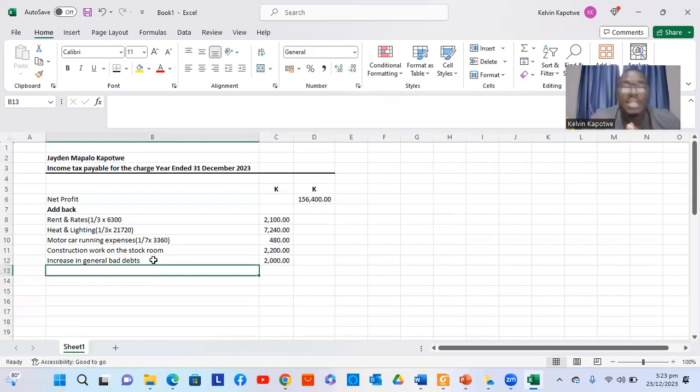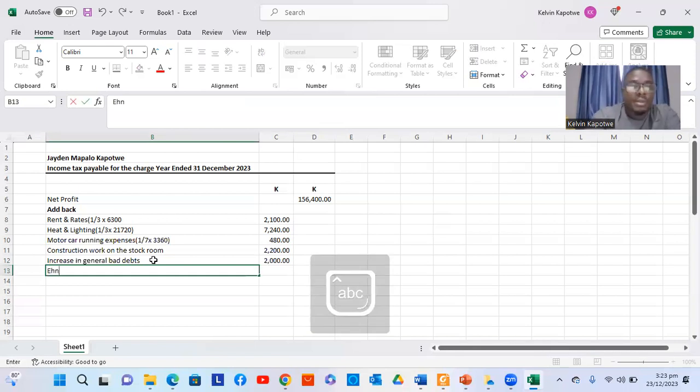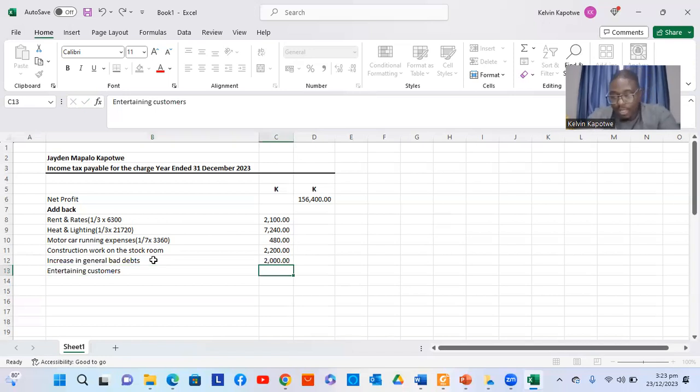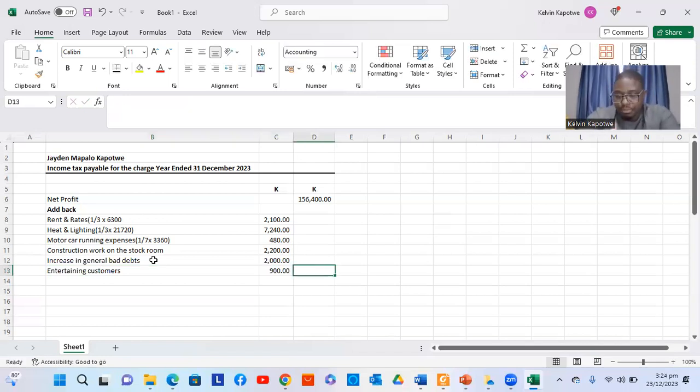And then we have entertaining customers. Entertaining third parties is a disallowable expense. As such, we are going to add it back. Entertaining customers was 900 kwacha. We are going to add it back.